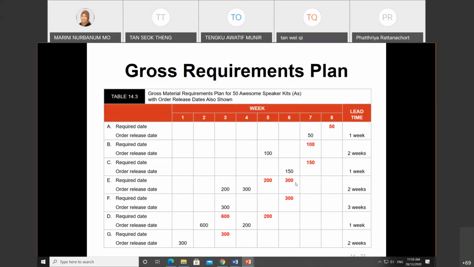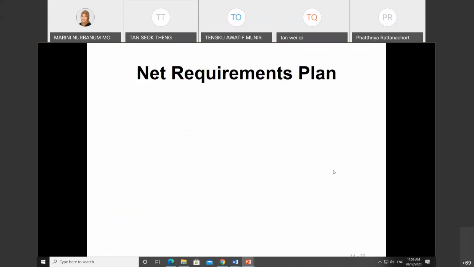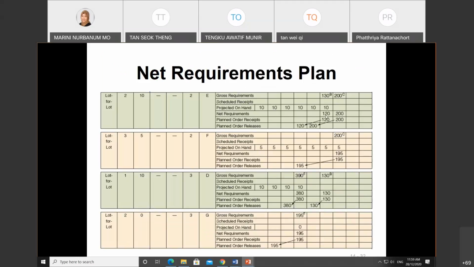So the difference here now is the on-hand inventory will be used by the first label which needs to be done first.